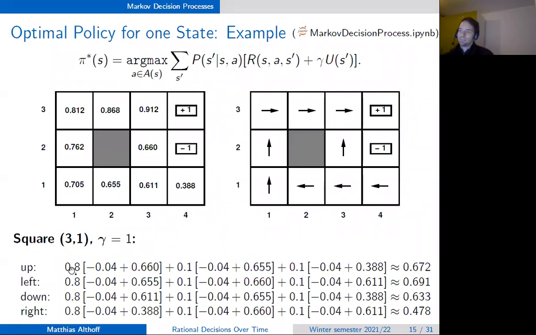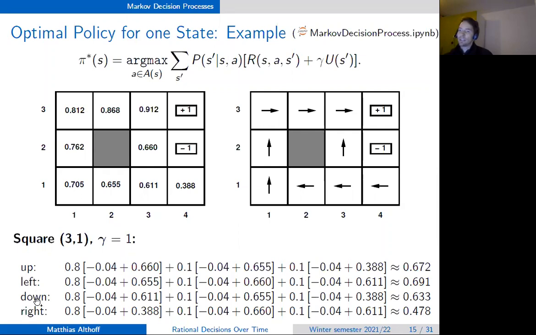For going up, if you're in square 3.1, which is this square here, then you have an 80% chance of ending up here when you go up. So the reward is minus 0.04, which is the current reward, plus the 0.660, which is the remaining rewards, plus 10% of going here, where you get this reward plus the cost for going there, plus 10% of right, which is the immediate reward, which is negative, so it's a cost, plus the remaining reward that you expect.